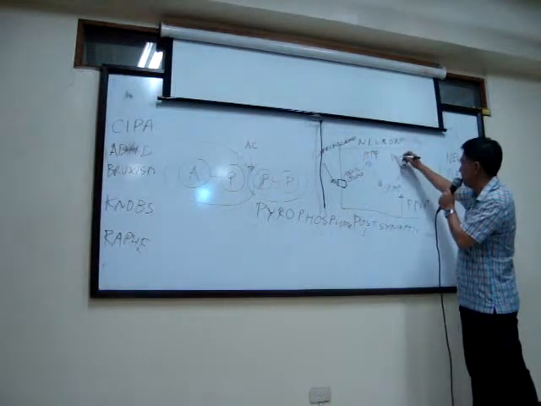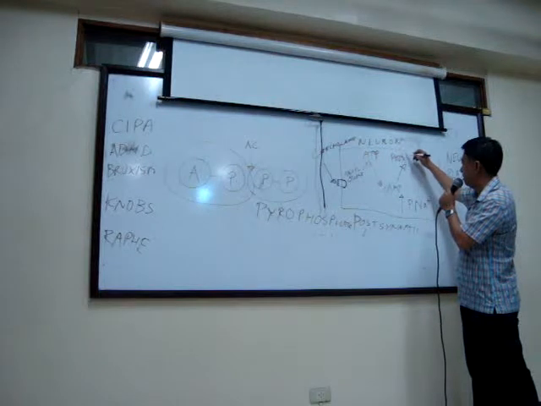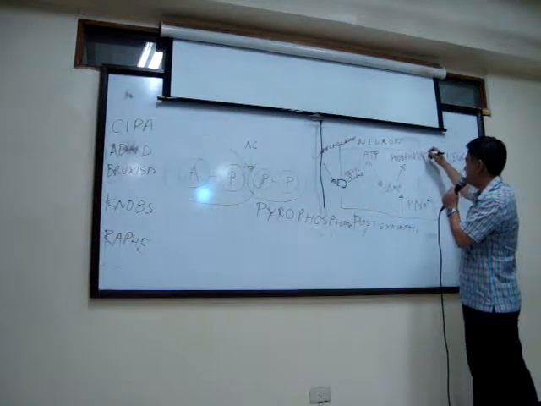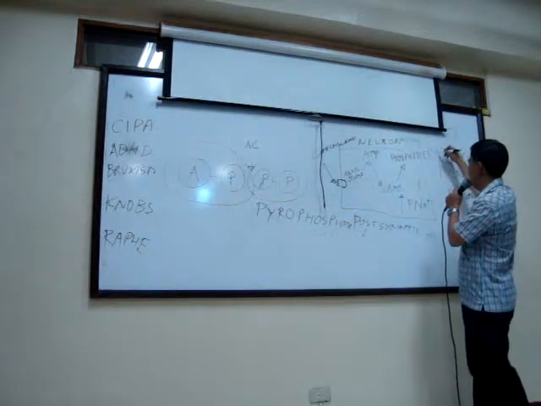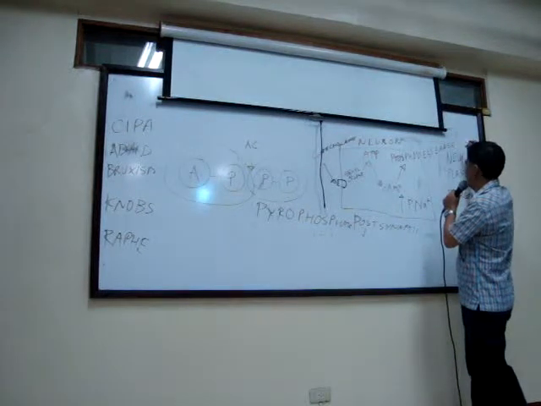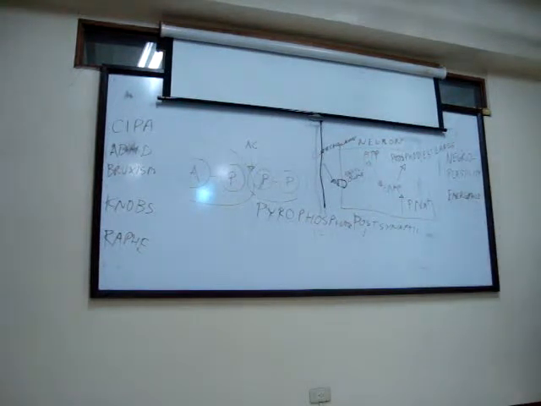It is phosphodiesterase. Phosphodiesterase is the enzyme that breaks down cAMP. That's the reason why any excitatory reactions are usually short-lived. How short-lived? 10 seconds to 2 minutes.